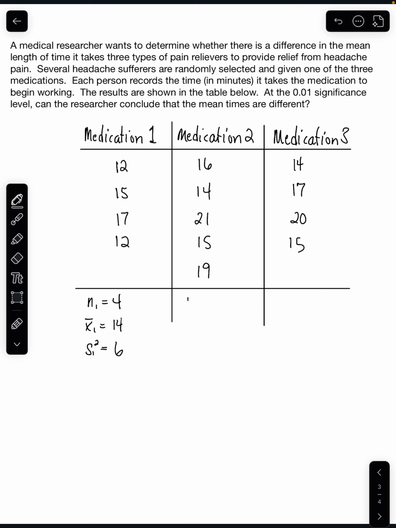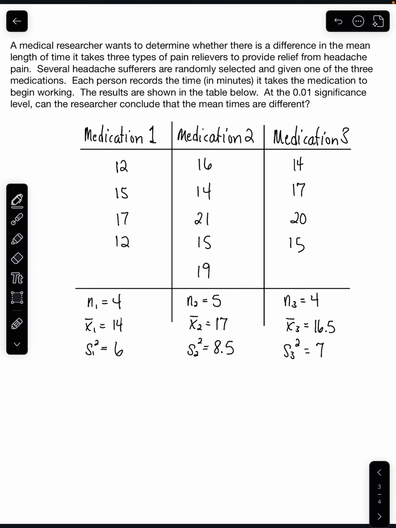For the second sample, we need its sample size, which is 5, its mean, which is 17, and its variance, which is 8.5. For the third sample, its sample size is 4. The third sample's mean is 16.5. And the third sample's variance is 7. We need each of these values at some point in our calculations.